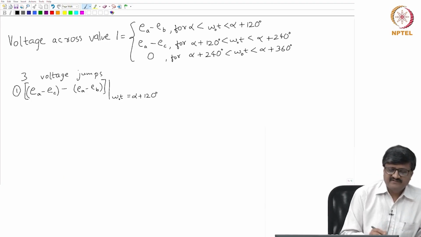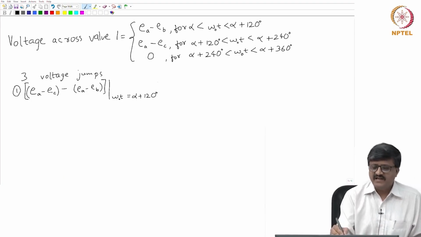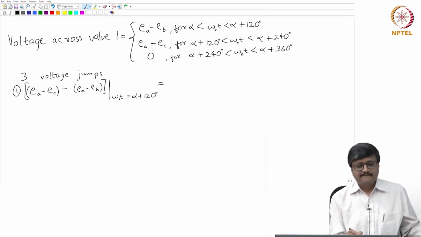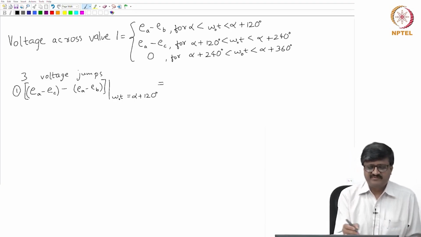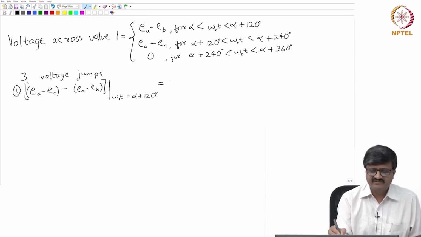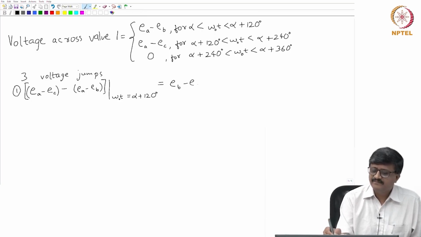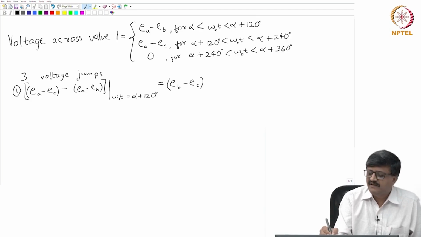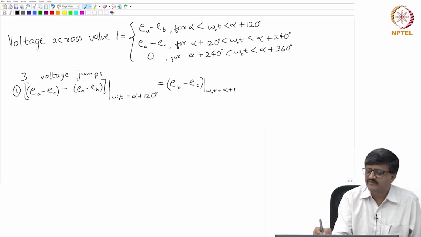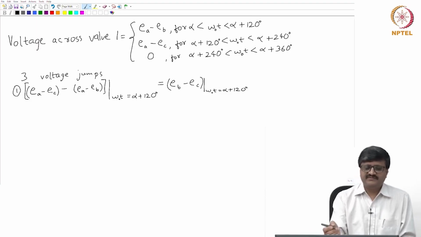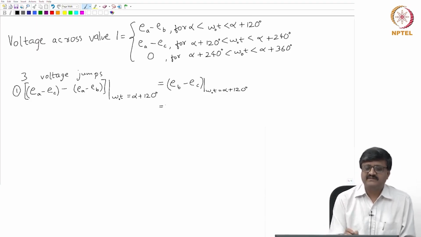So, if I substitute the expressions for EA, EC and EB, what do I get? Of course, I can substitute only for EB and EC because there is a simplification here, EA minus EA. So, it is EB minus EC, evaluated at omega OT equal to alpha plus 120. So, what is this EB minus EC?